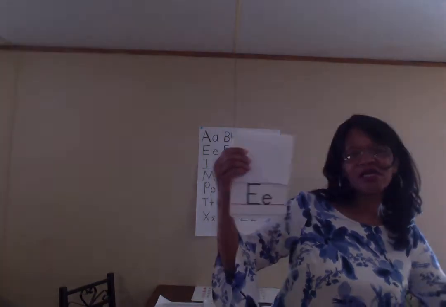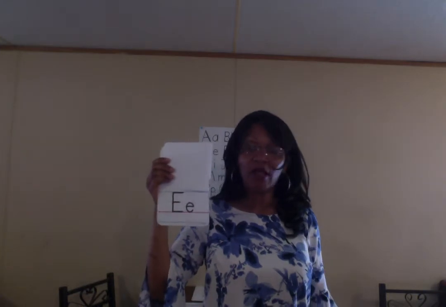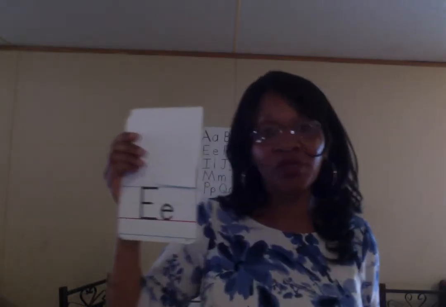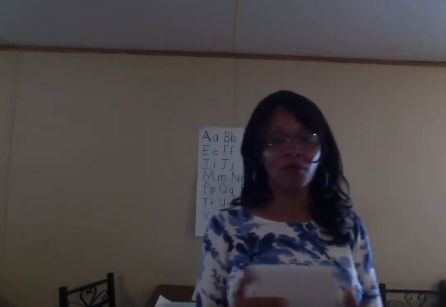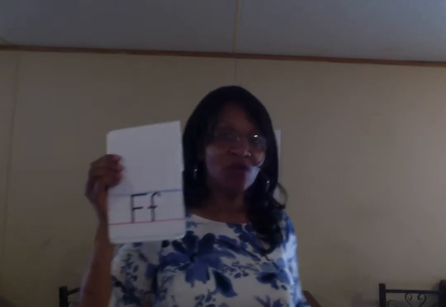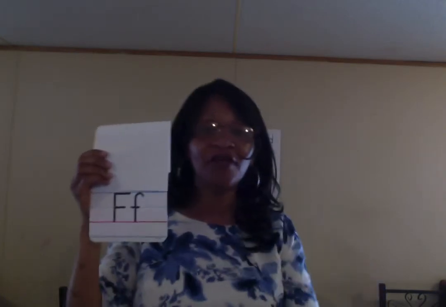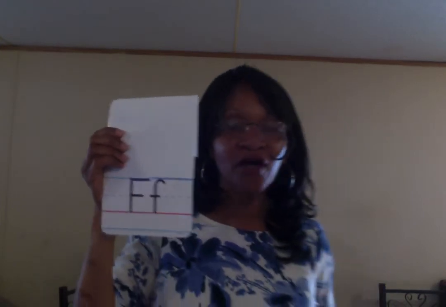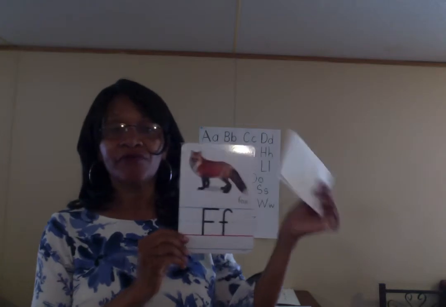This alphabet is E, and the sound, eh. And what about a word? A word would be egg or elephant. And here's a picture of an egg. Can anyone recognize this alphabet? F, and the sound that it makes, F. And a word would be fox.